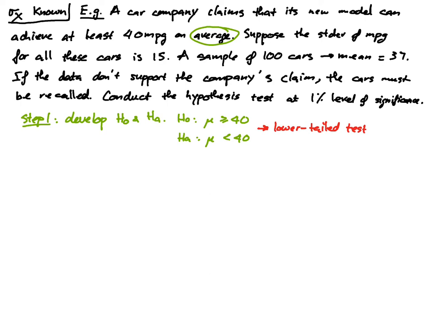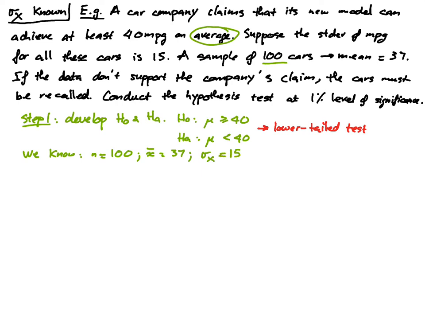Now let's also specify what we already know. We have a sample of 100, so n is equal to 100. That sample gives us a mean of 37, so x bar is 37. Now sigma, the population standard deviation in this case, is 15.